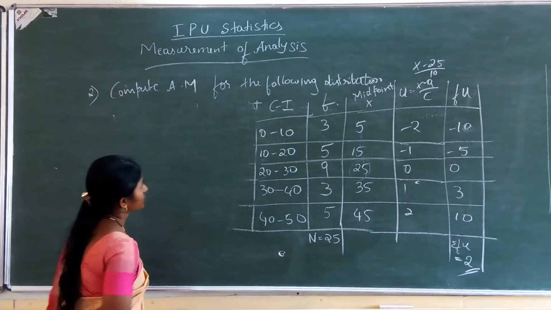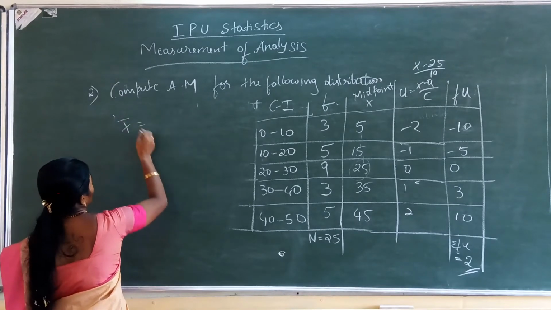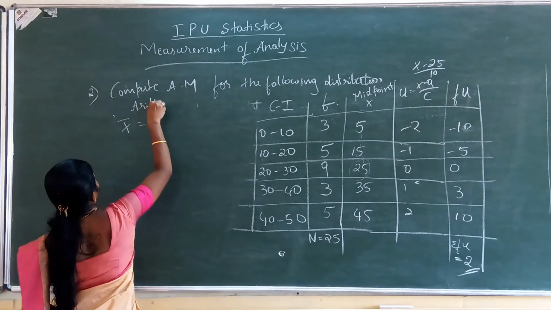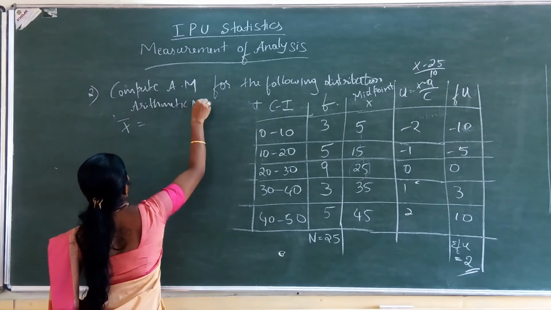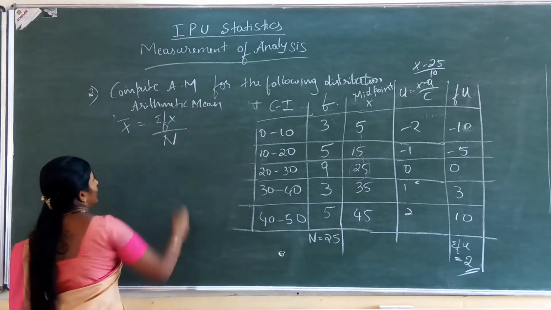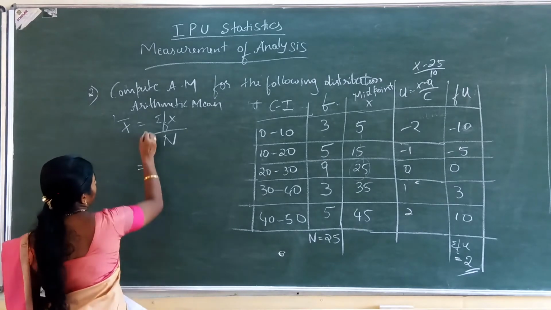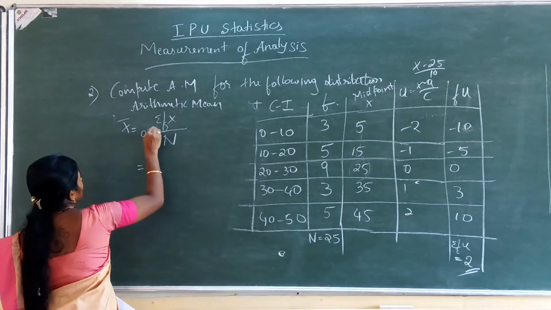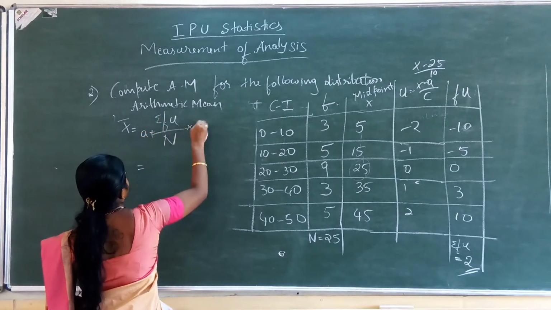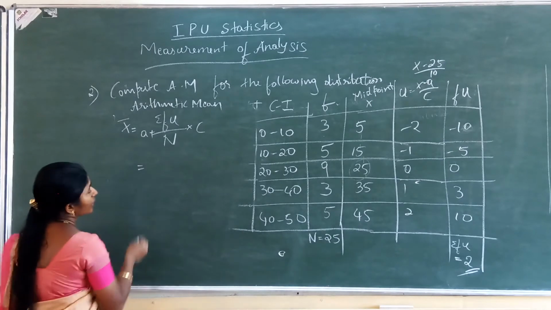Solve this one. The arithmetic mean is x bar equal to sigma fx divided by n, that equals a plus sigma fu divided by n into c. A equal to how much did we consider there? A equal to 25.